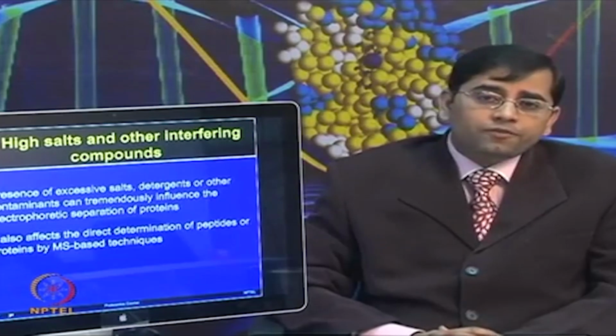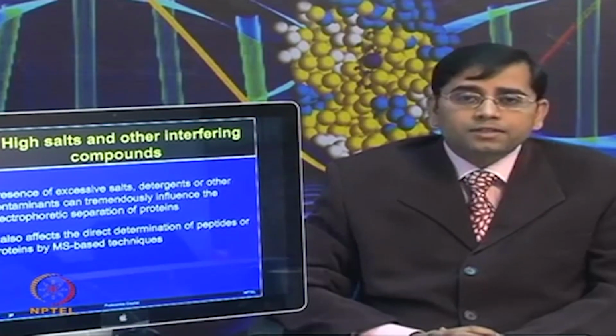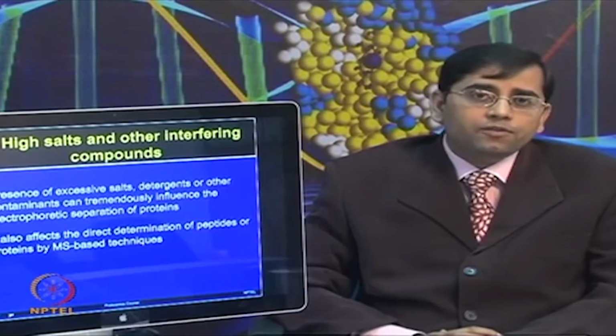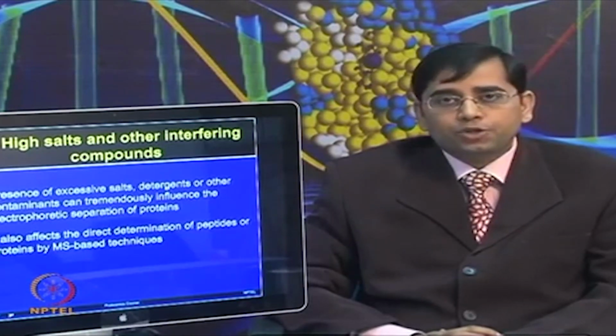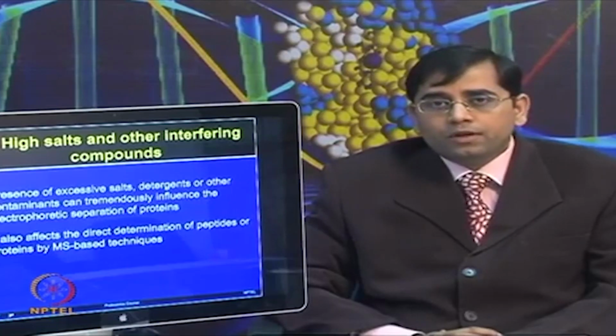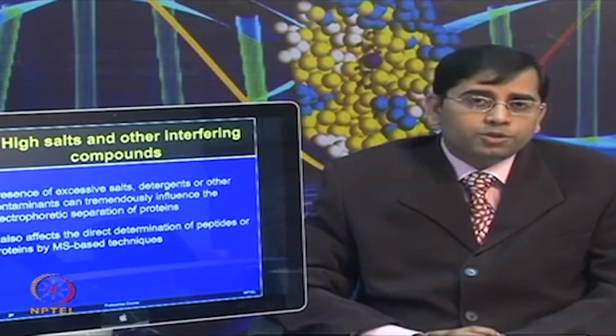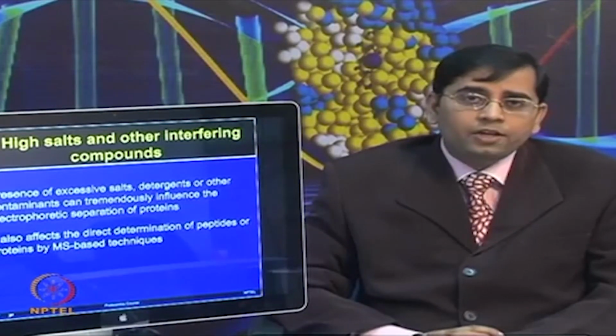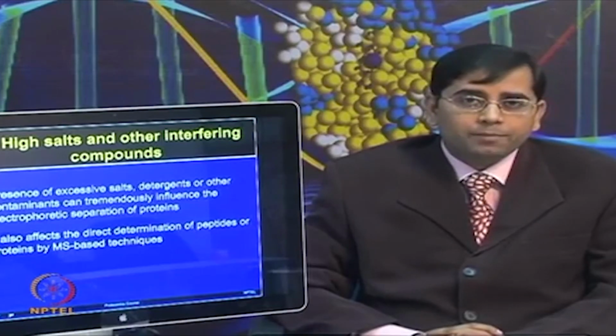The presence of excessive salt, detergents or other contaminants can tremendously influence the electrophoretic separation of proteins. If your target technology is two-dimensional electrophoresis or another gel-based method, you have to really ensure that salt is very low in the serum or plasma components.